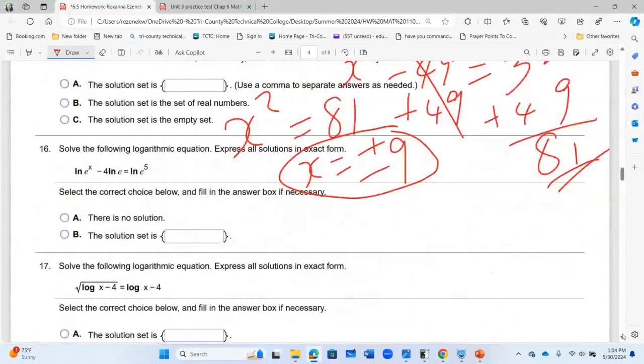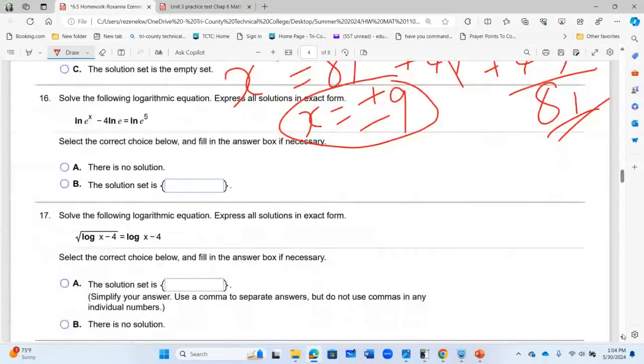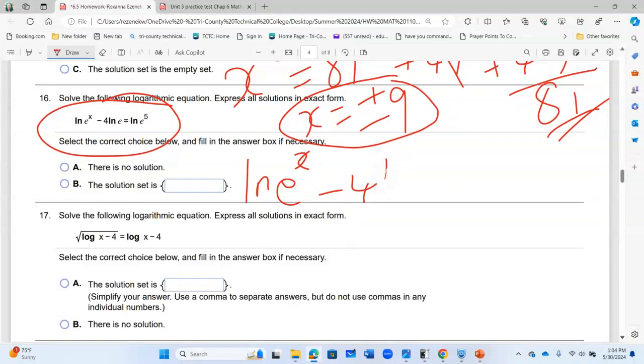Okay, let's bring all this together. This is base e, so we can just collect all the e. Natural log of e to the power x minus 4 times natural log of e is equal to natural log of e to the power 5.